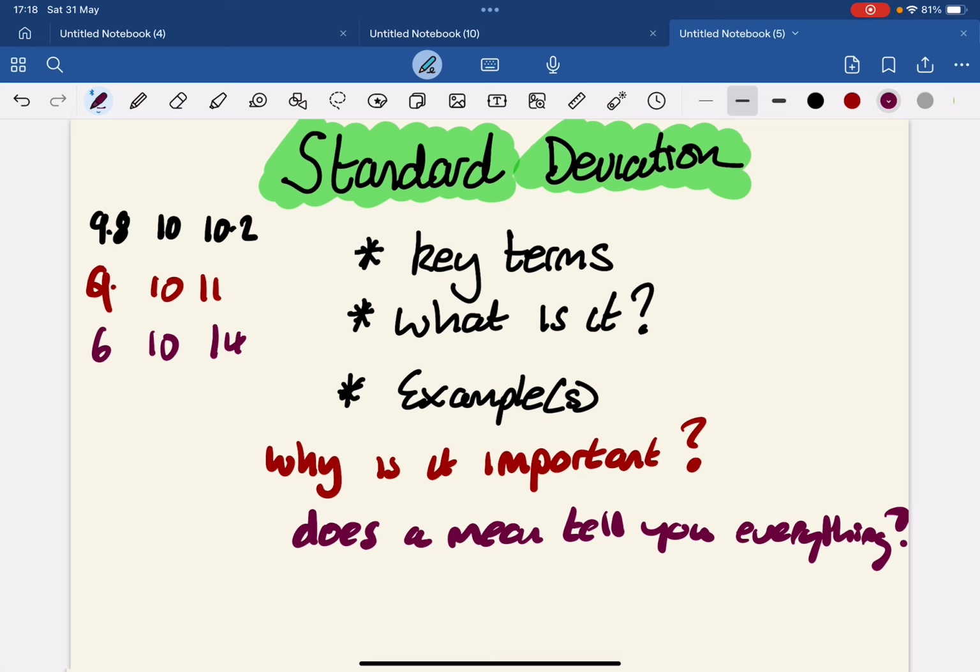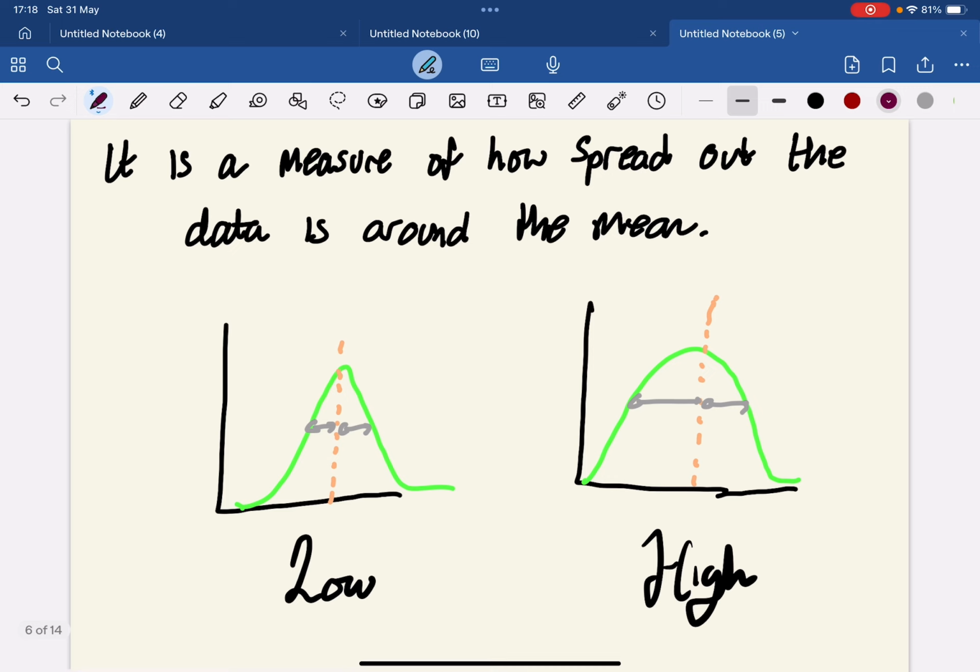If you're making cakes to a certain weight, that's going to make a massive difference. So standard deviation tells us how far the spread of results is from the mean. It's a measure of how spread out the data is around the mean.